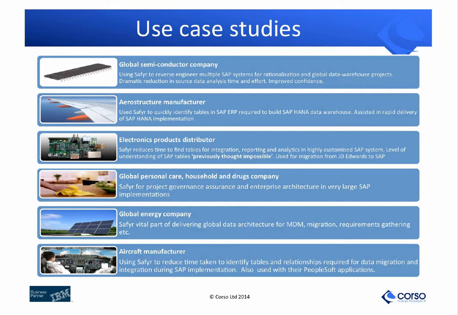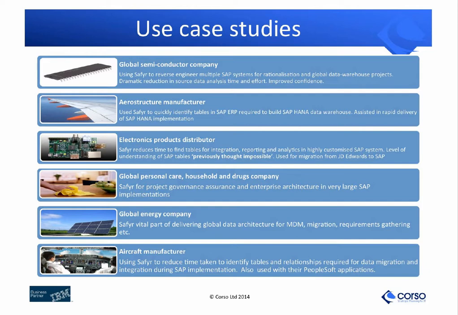And what they found was that what was previously taking 4 or 5 of their modelers about a month to do with the old manual methods of trying to find the right tables related to transactions in SAP, now takes one modeler less than a week. So that's about a 90% productivity gain, which they're obviously very pleased with.